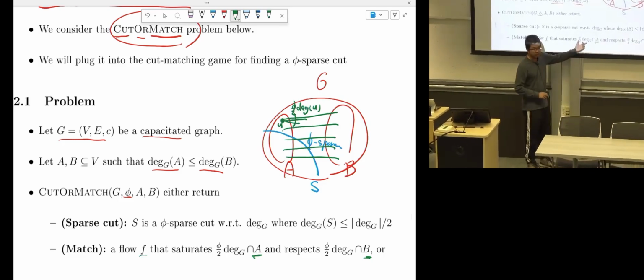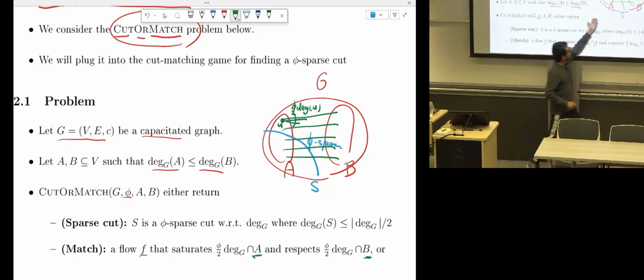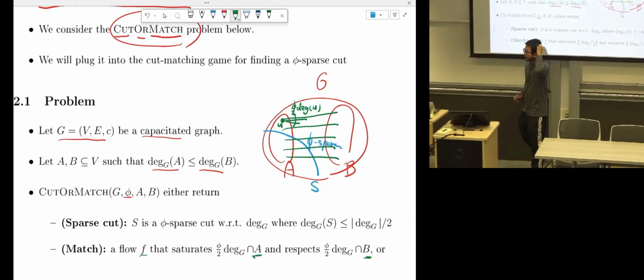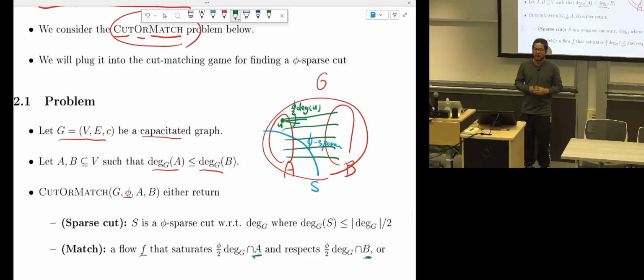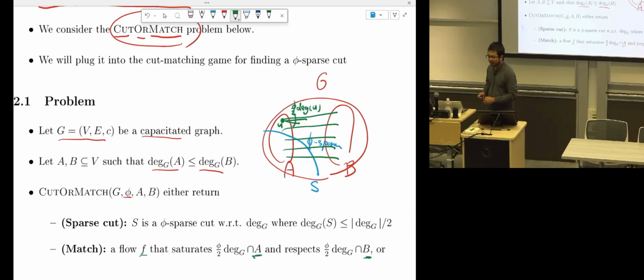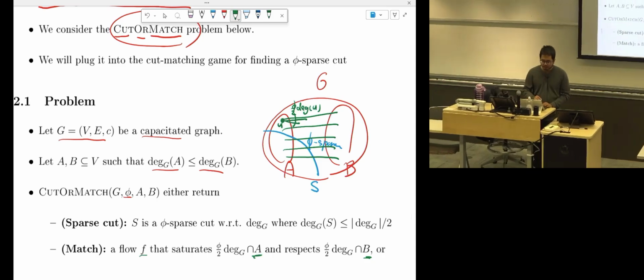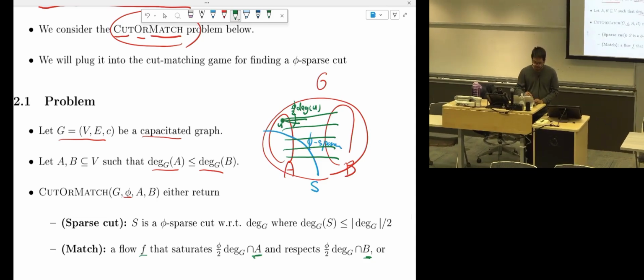So just send this much from A to B. You should think of this as basically what we want to do in one round of the cut-matching game: the cut player chooses A and B, and we need to send flow from A to B, or find a sparse cut. We'll see how to plug it into the cut-matching game later, but this is just the problem definition.